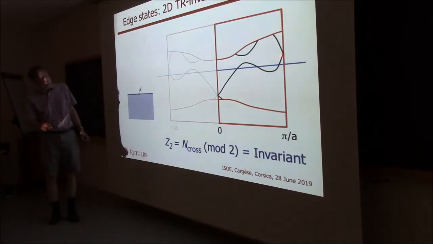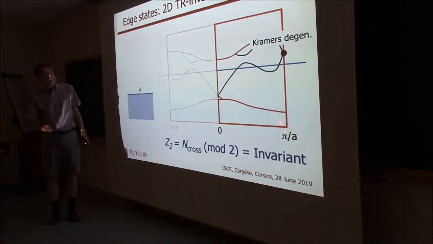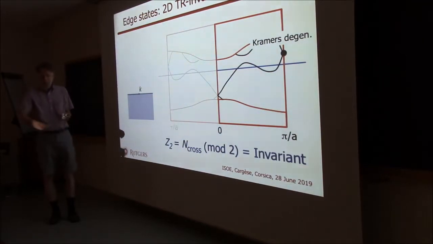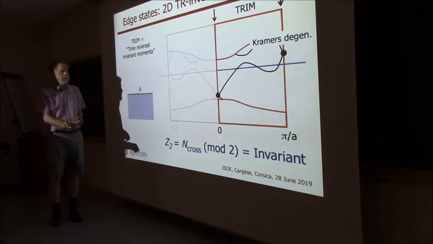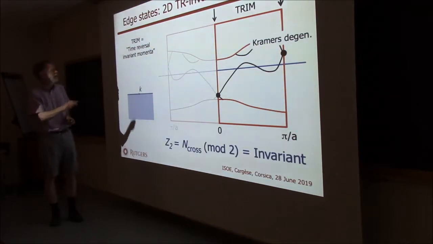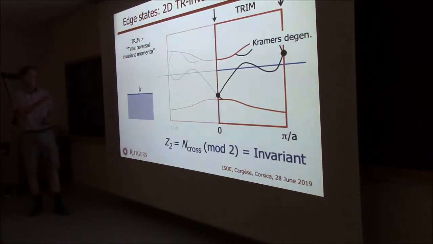I also have to point out that there's also a Kramer's degeneracy at the zone edge here. That's because if you apply time reversal to pi over a, it goes to minus pi over a. But minus pi over a and pi over a are really the same thing because it's on this closed manifold. So these two points in the one-dimensional band structure, 0 and pi over a, are called the time reversal invariant momenta.